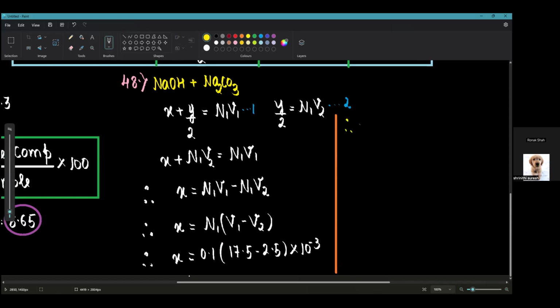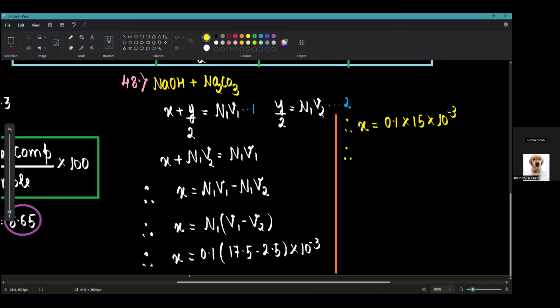x is equal to 0.1 into 15 into 10 raised to minus 3.